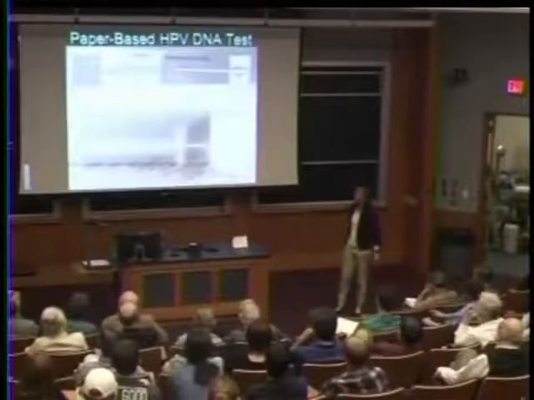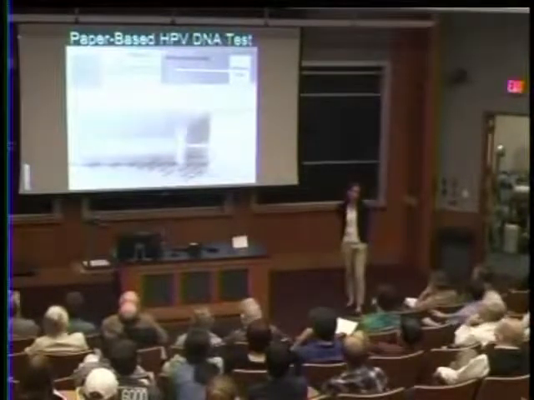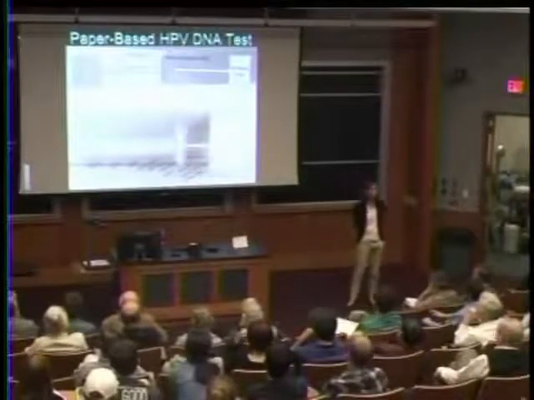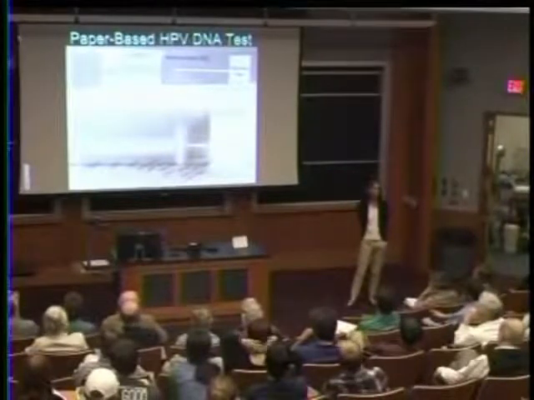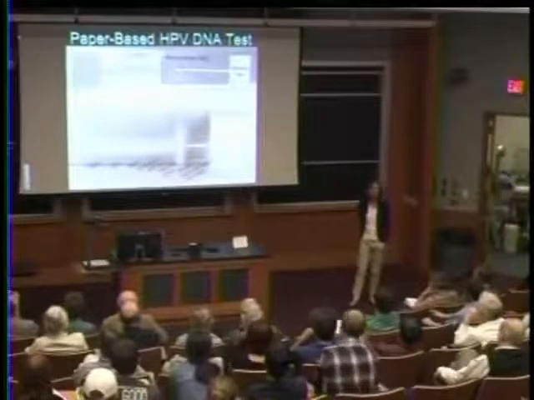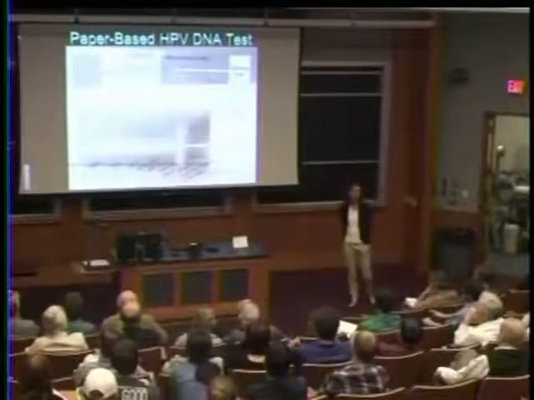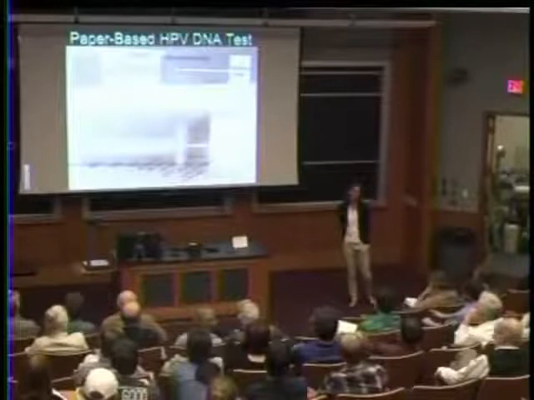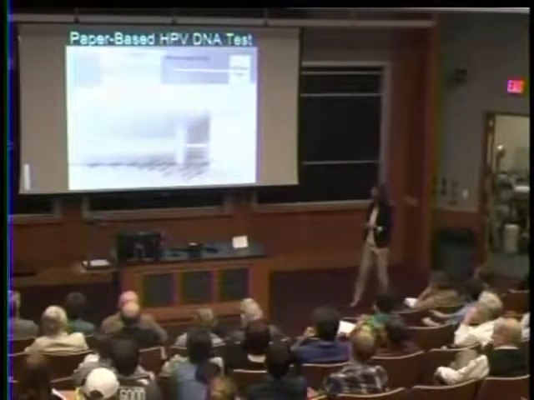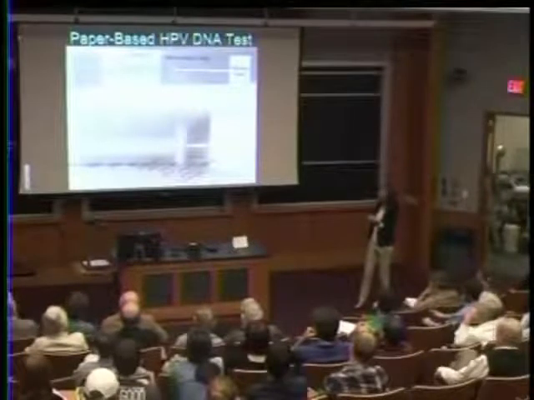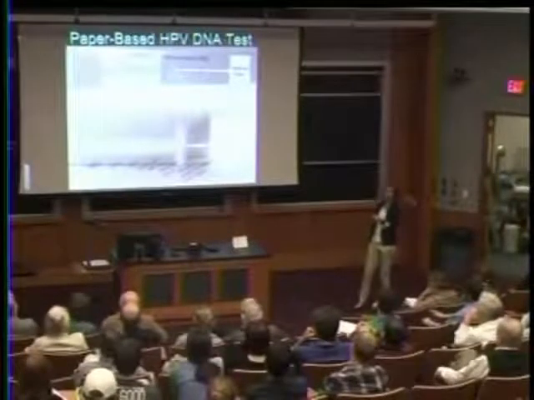So we've been working to use that same paper and plastic approach to come up with an HPV DNA test that is affordable to run at the point of care. In an ELISA assay, you have to build in the ability to do amplification and to deliver the reagents sequentially to do that amplification. In the current version of our test, it's a paper and plastic device about the size of a credit card.